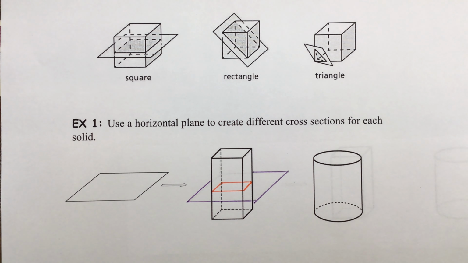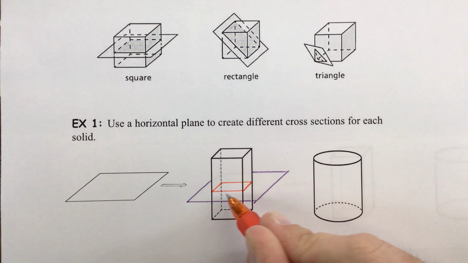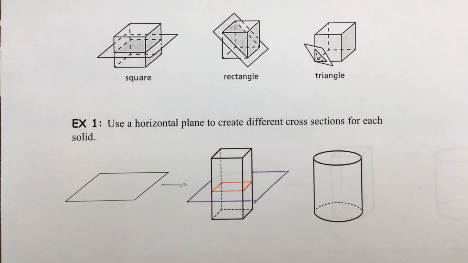All right, so when that plane cuts through this thing here, it should leave you with a cross-section that looks like that. In this case, assuming that the base is a square, then that means that your cross-section is a square. If it's a rectangle, sometimes you can't really tell with the depth of these things. If it's a rectangle, you will get a cross-section rectangle.